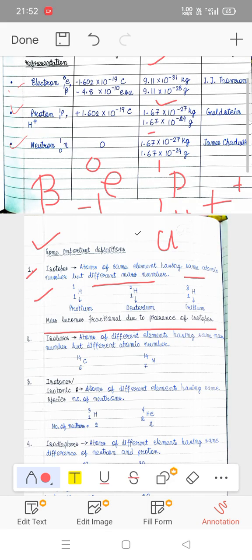But what is the average mass of chlorine? That is 35.5. So you can understand from this example. Because chlorine has two isotopes, its average mass number is 35.5.